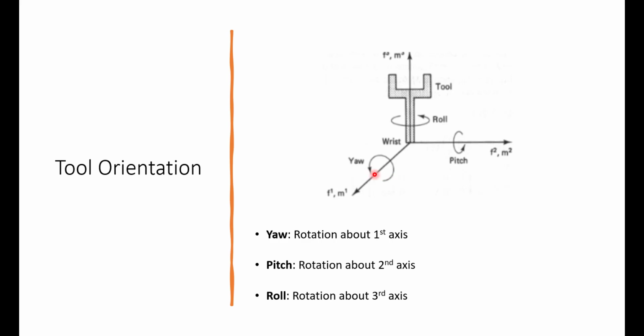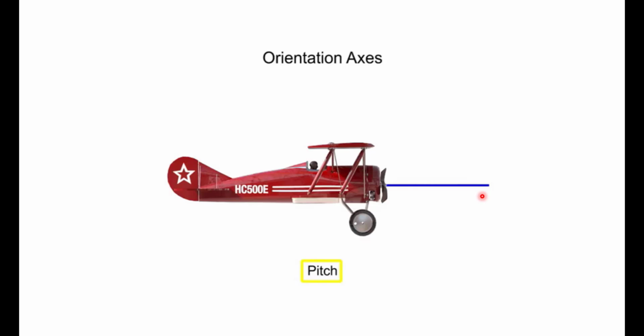If it is rotation about the first axis, it is called yaw. Rotation about the second axis is called pitch, whereas rotation about the third axis is called roll. This yaw, pitch and roll is explained with the help of the example of an aeroplane.